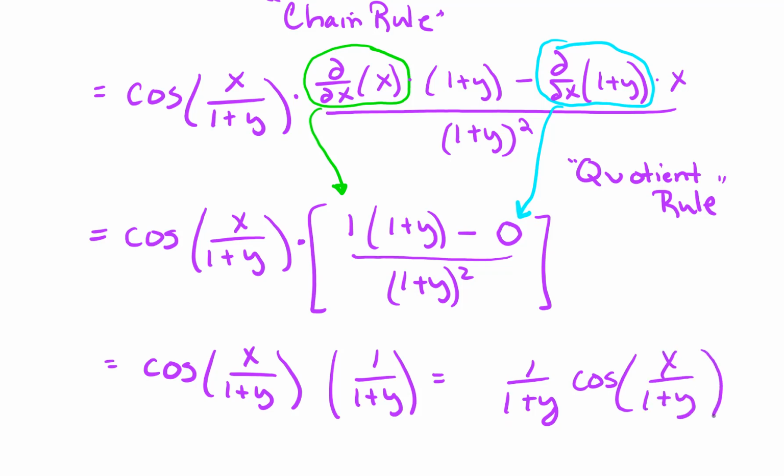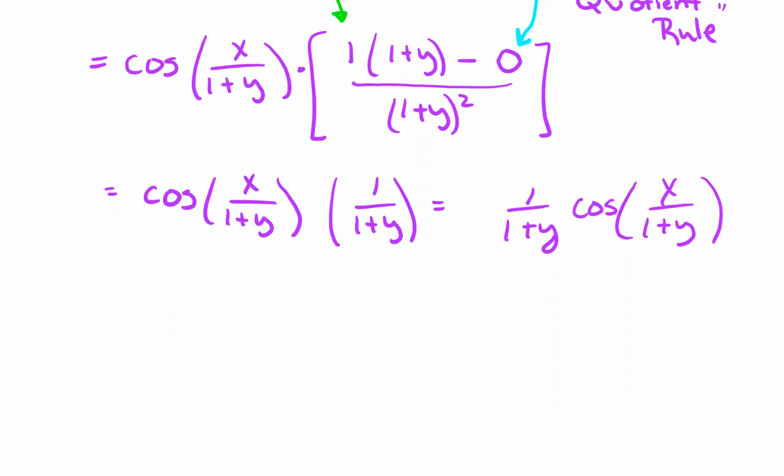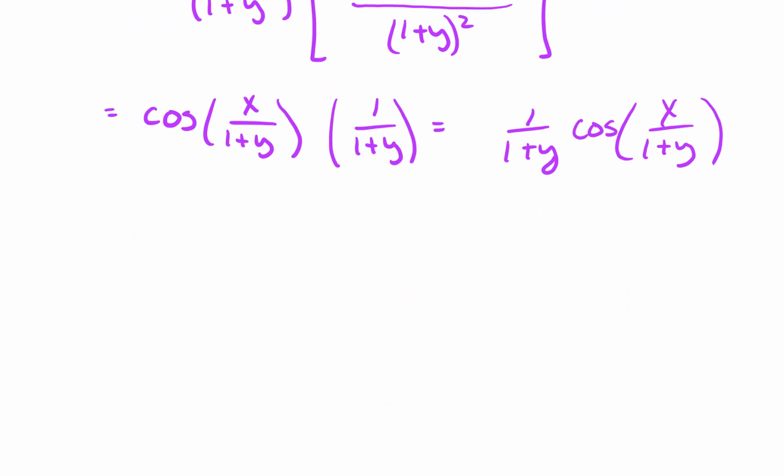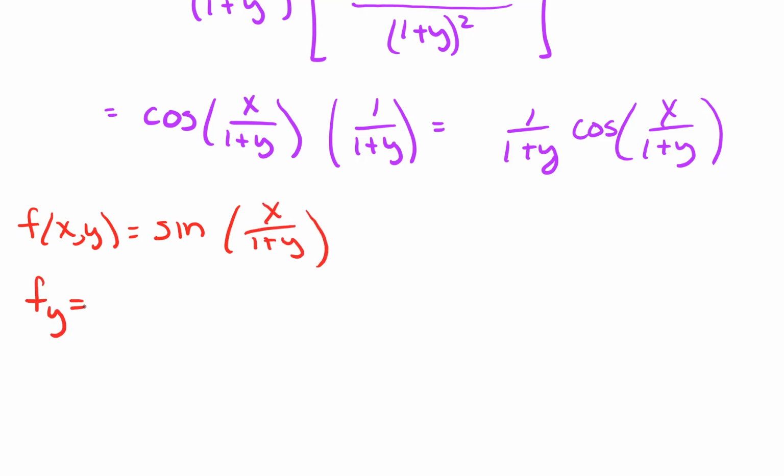Okay, now let's go back through the same problem and find the derivative with respect to y. So I'll rewrite the function here. Our original function was f of x, y equals sine of x over 1 plus y. And now let's find the partial derivative with respect to y. Once again, this is a function composition, so we need to use chain rule.